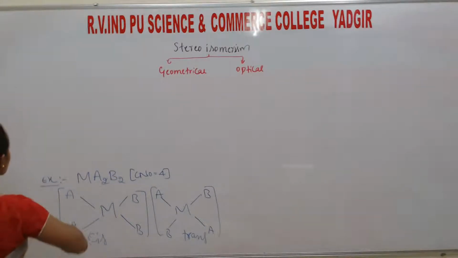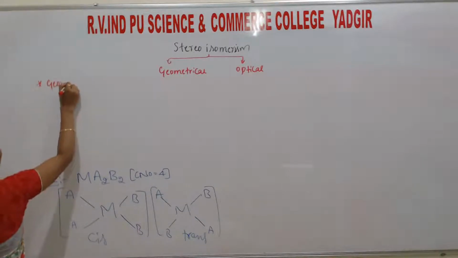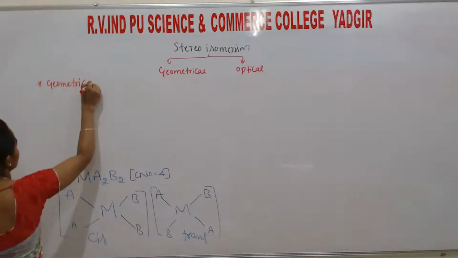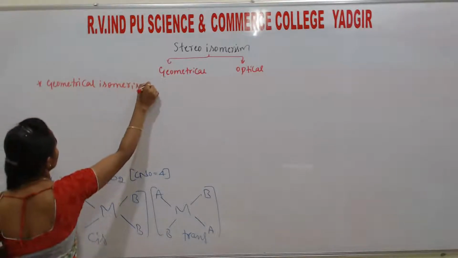I'll write the definition. What is geometrical isomerism?